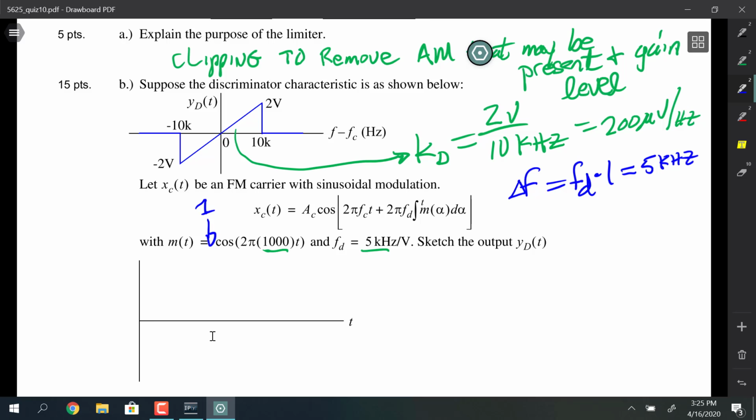But we already know what that answer is. 5 kilohertz means that the deviation is pushing up to here and then down to here. So the output's going to rise up to 1 volt and take on a negative swing of minus 1 volt.